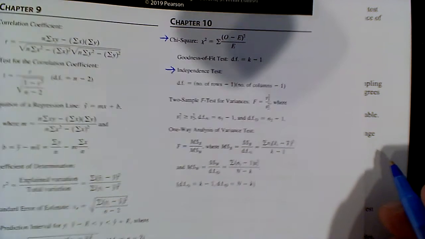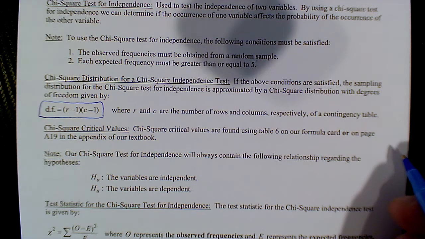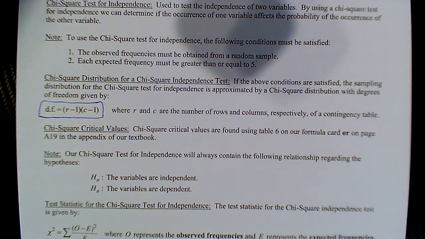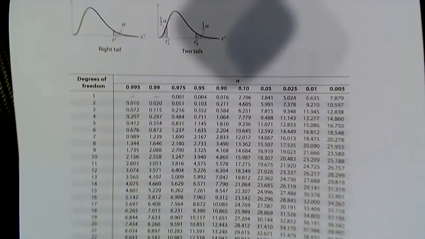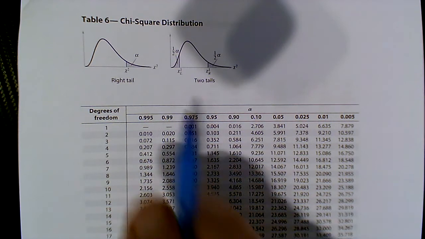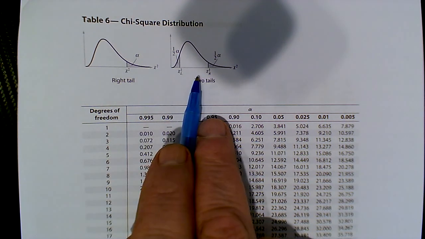And so since it's a different distribution, there's a different table. And this is table 6. And in table 6, you can see they've got a sketch of what the chi-square distribution looks like.